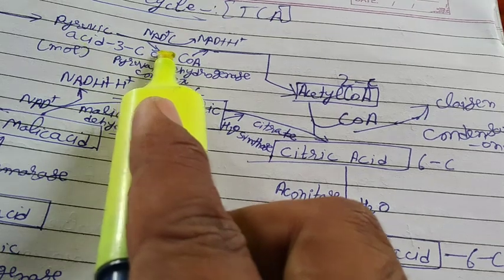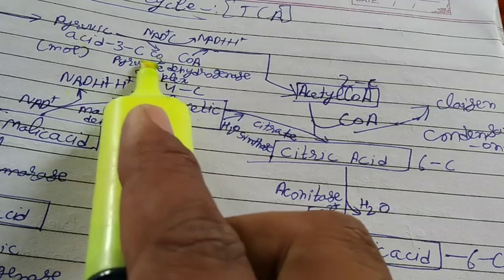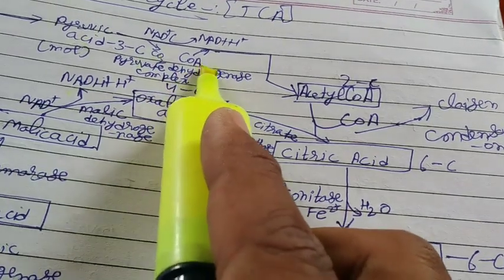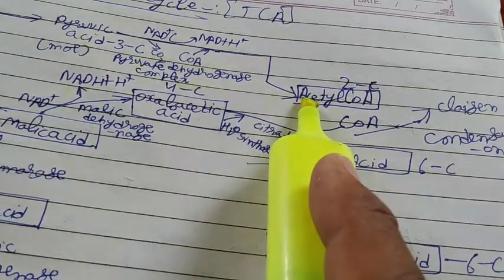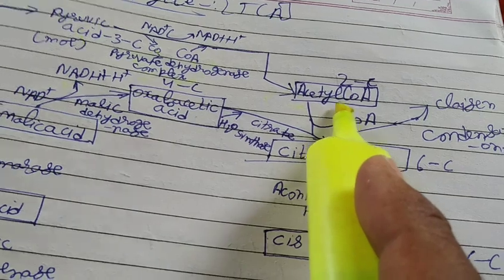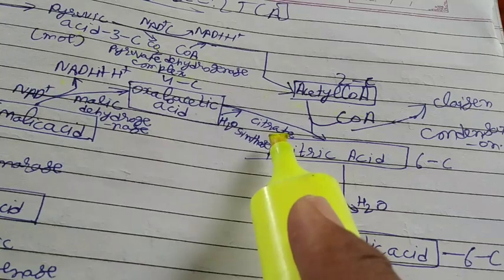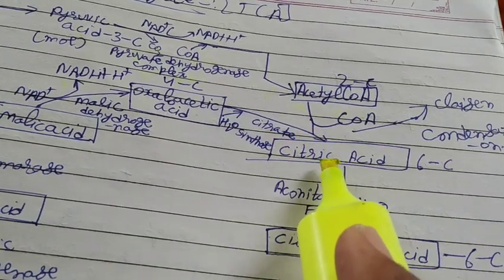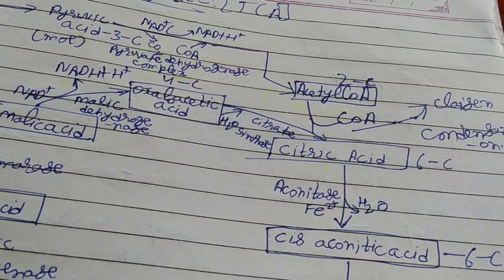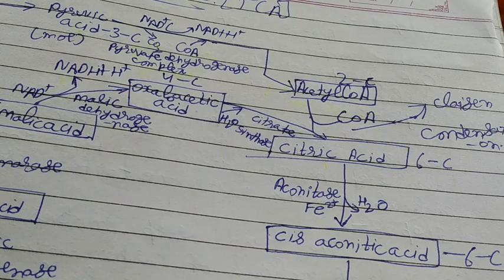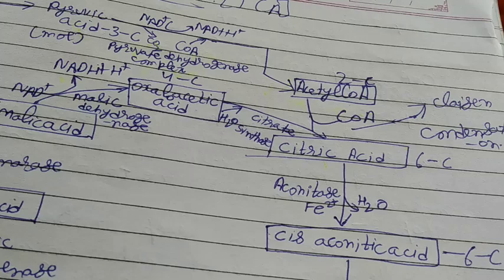NAD positive is converted into NADH plus H positive, carbon dioxide is released, and coenzyme A is also added, and it moves forward and makes acetyl coenzyme A, 2 carbon. On the next step, this coenzyme is released out because we know that coenzyme is a cofactor which is used only to start the reaction, and after the reaction it is released as such.